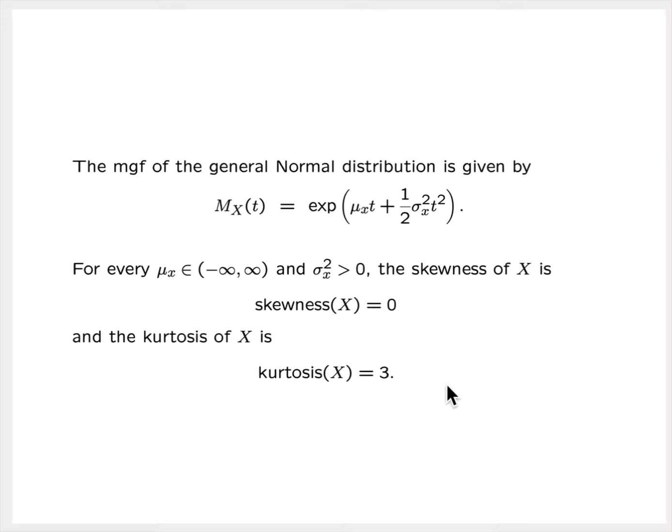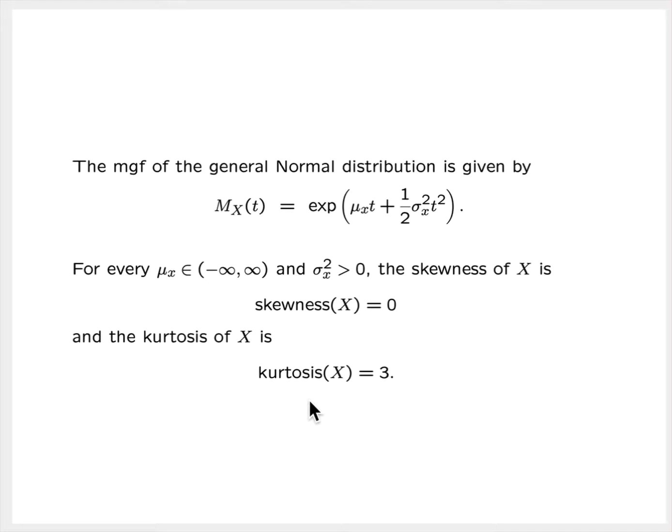Some textbooks, some resources, some software programs will tell you or calculate kurtosis in such a way that the kurtosis of the normal distribution is 0. Now, for those textbooks that do that, they're not actually calculating kurtosis.